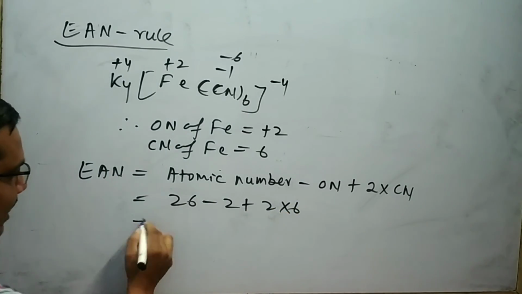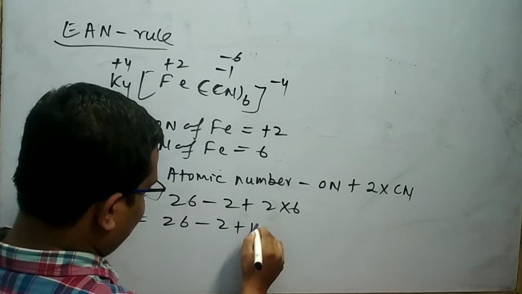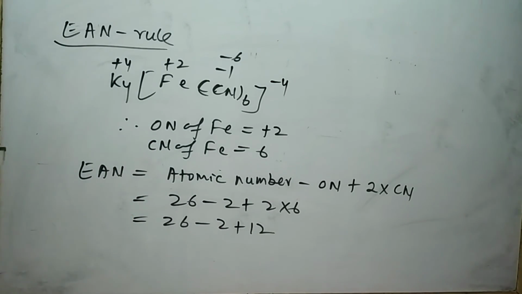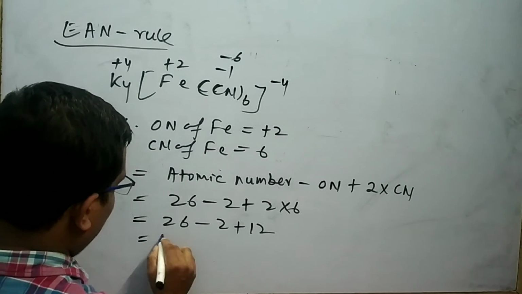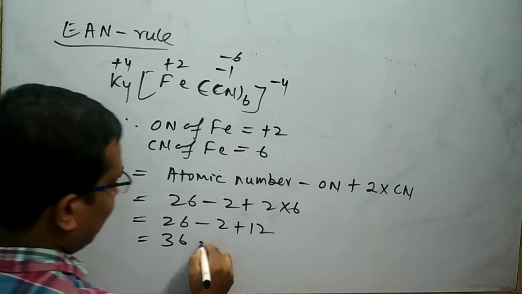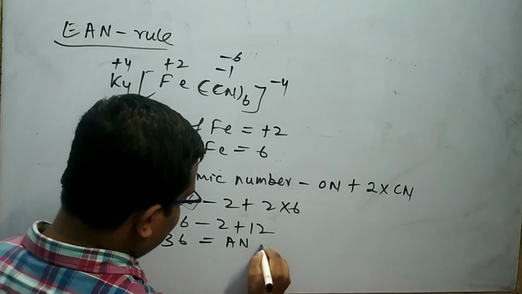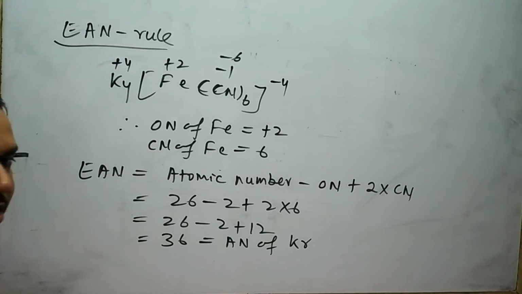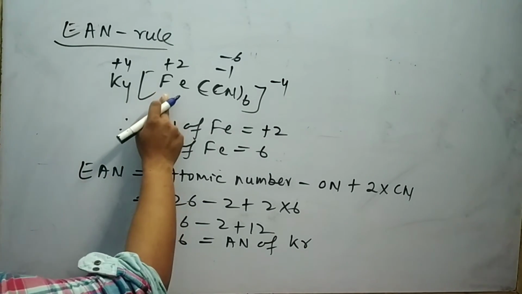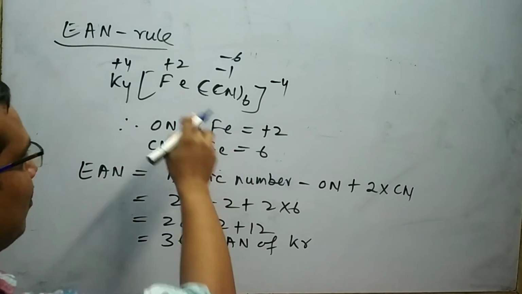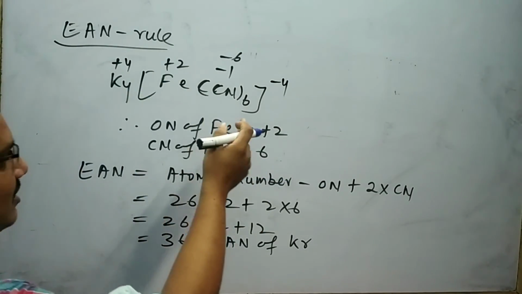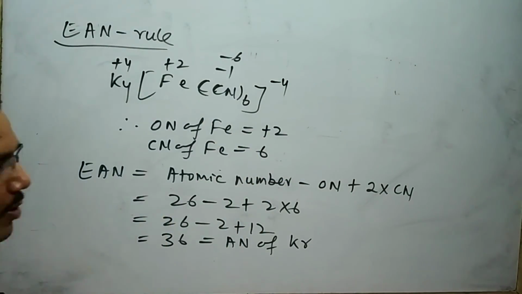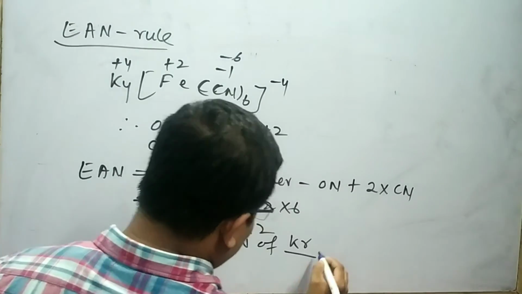By solving, I can write 26 minus 2 plus 12. Finally, the effective atomic number is equal to 36. This is the atomic number of krypton. From this it is clear that every central metal atom or ion in a coordination compound must have a tendency to gain the effective atomic number of the next inert gas.